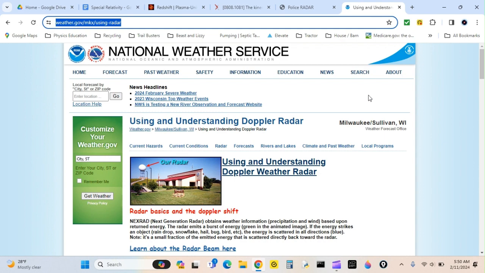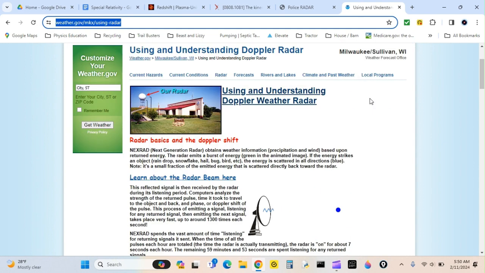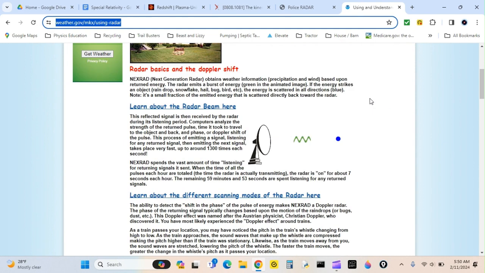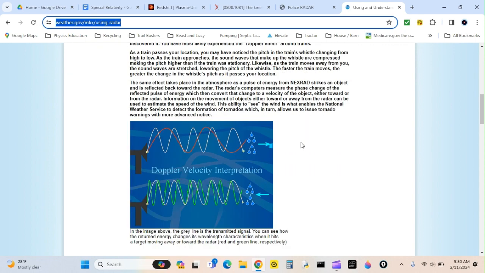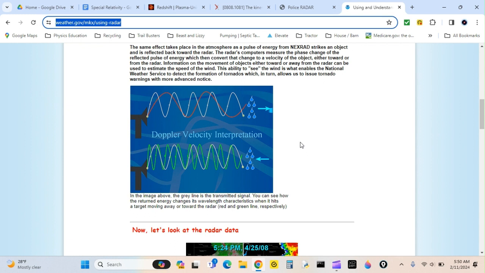Are we done with things? No. How about weather radar? Here's weather radar, and it reflects off things. Is the weather radar looking at cars? No. They're not looking at cars. They're looking at things like raindrops. So here's an idea where the raindrops are moving away.